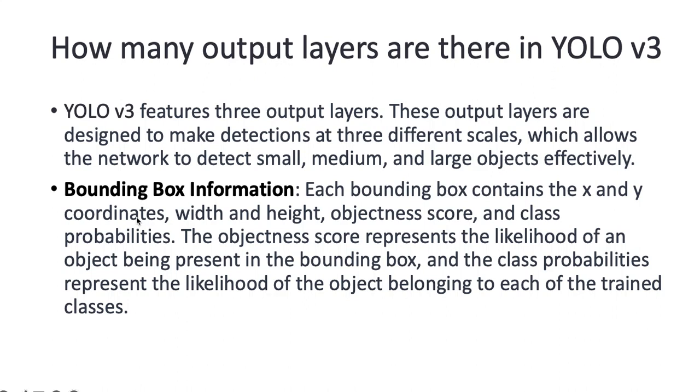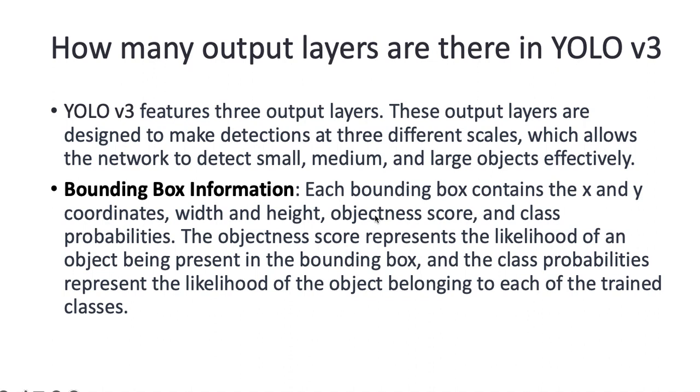Now, as we saw, the output of YOLO is the bounding boxes and the class probability. That means it will output the probability of that object belonging to each class. So what is there in the bounding boxes? Each bounding box contains the x and y coordinates with width and height, the objectness score, and the class probability.